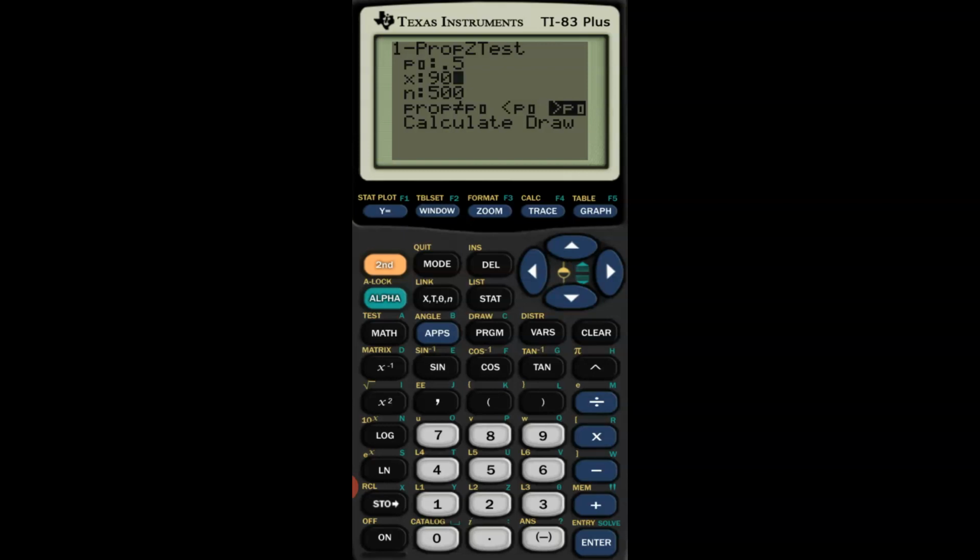We got 90 of them, and we took a sample of 150. And now this time we're saying our alternative hypothesis does not equal our null hypothesis, right? And let's calculate. Boom! Z is 2.449, and our P is 0.0143. That easy, y'all.